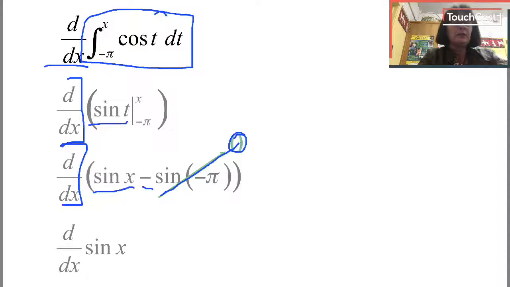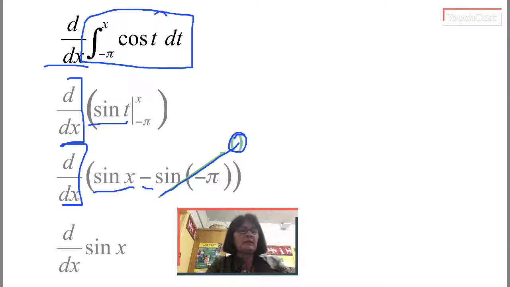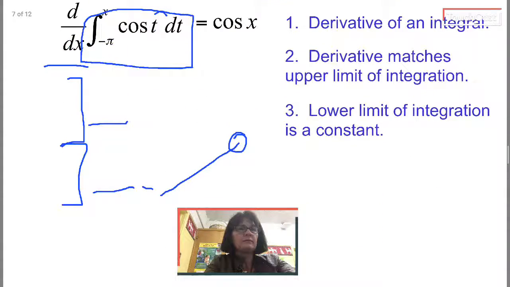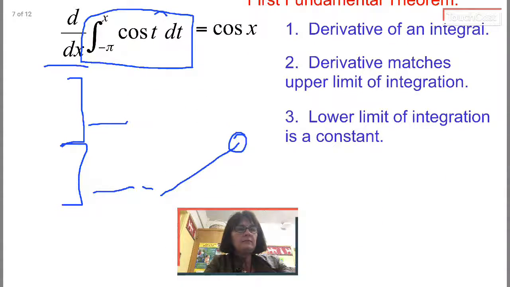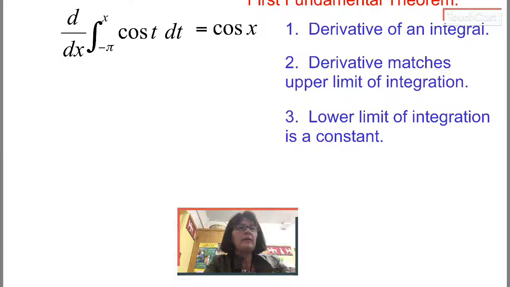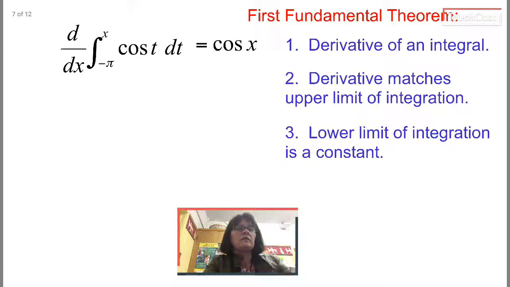I'm going to move my little picture out of the way. I'm going to take the derivative the short way using the Fundamental Theorem of Calculus. All right. So the derivative with respect to x, what am I going to check? I have to check for 3 things. I'm taking the derivative of an integral.